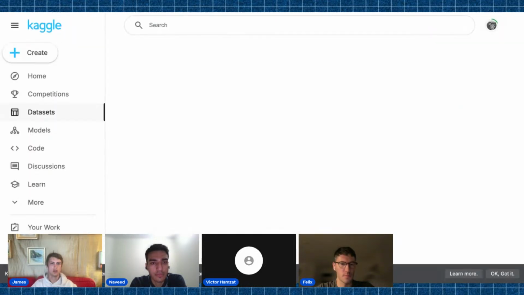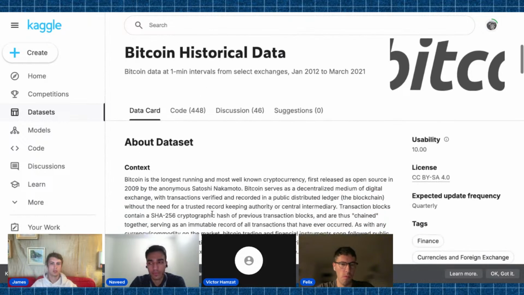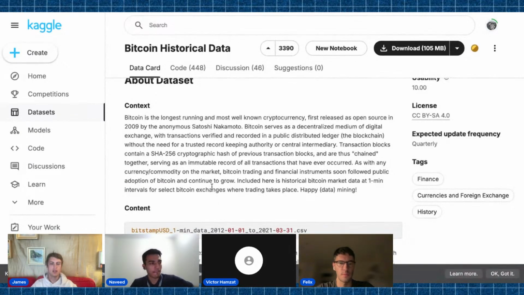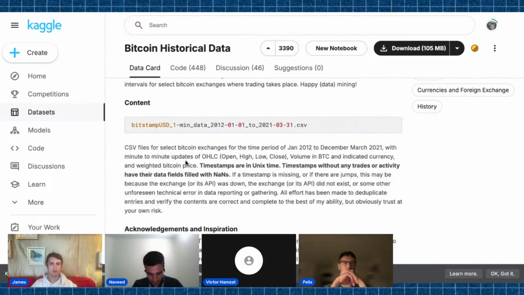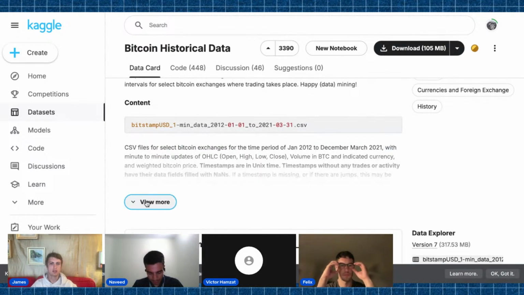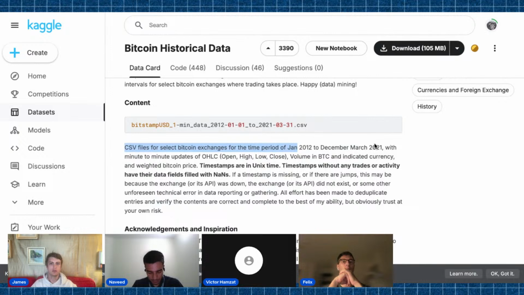It's just called Bitcoin historical data. In this data set it was by minute, but I've changed it in my code to be by day. It's the daily price from 2012 to 2021, so obviously there are a lot of huge fluctuations and small fluctuations in that time.